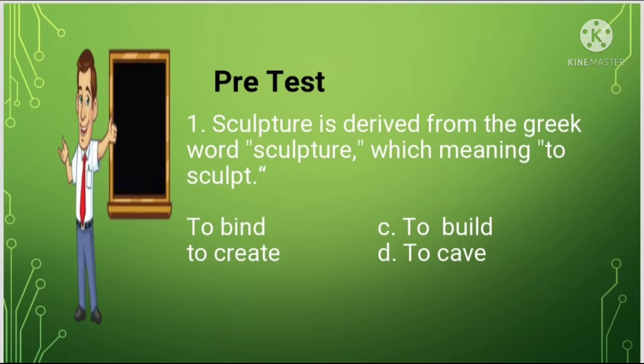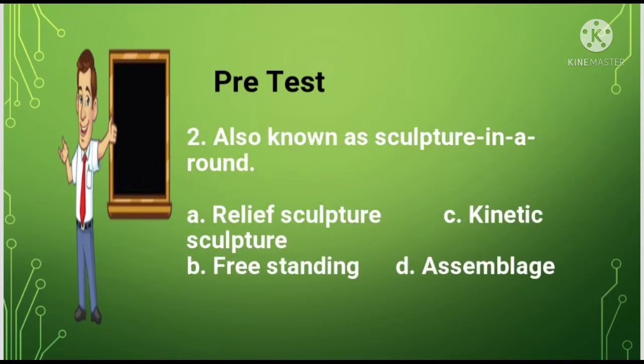D, to carve. Number two, also known as a sculpture in the round. A, relief sculpture. B, freestanding. C, kinetic sculpture. D, assemblage.